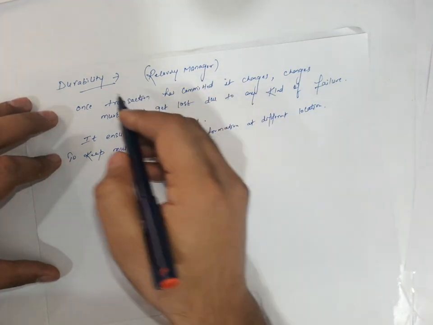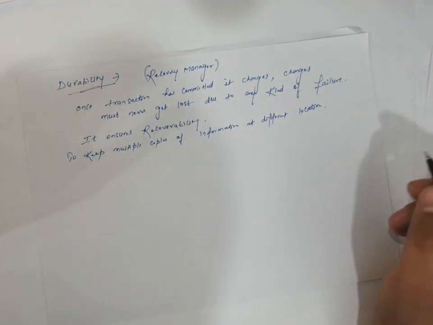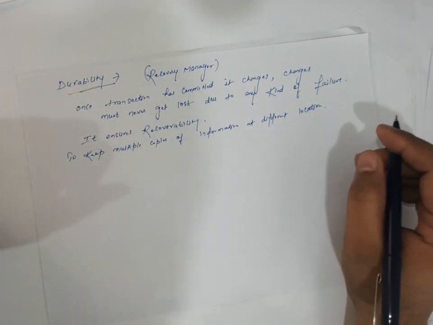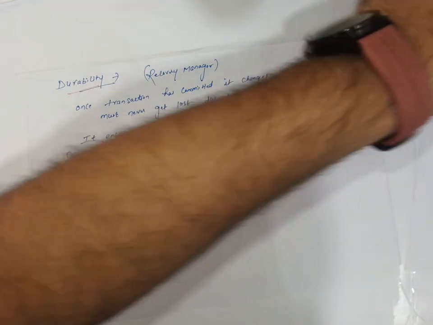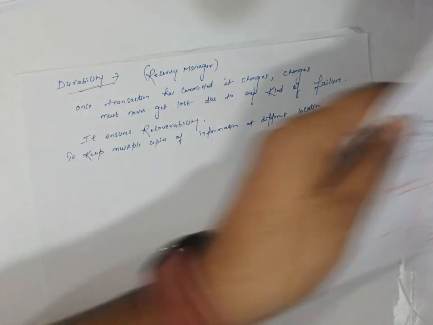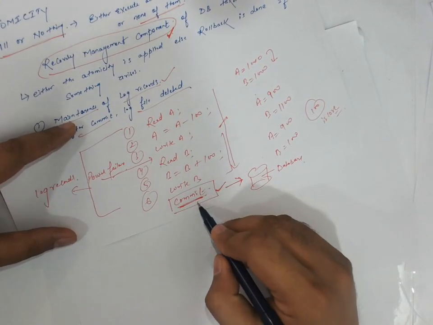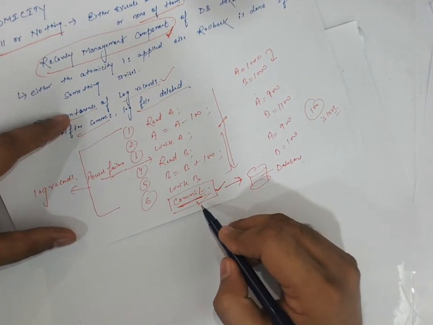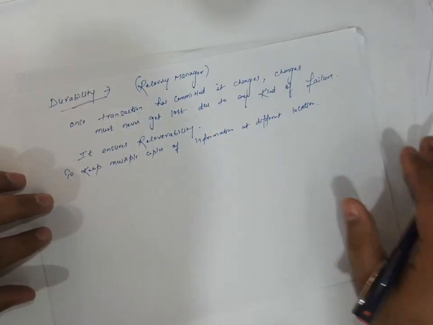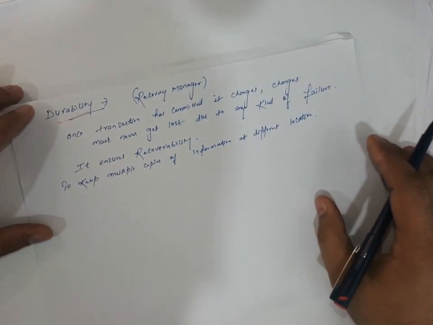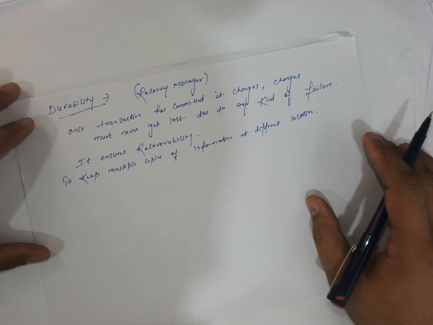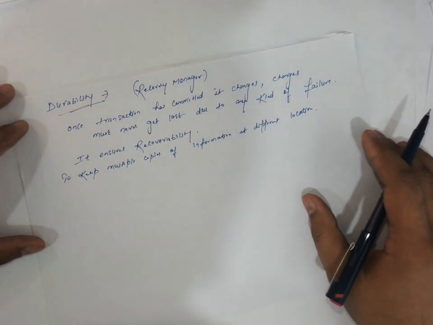Durability means once a transaction has committed, as we have seen with the commit operation, the changes should be reflected in the database, even in case of any failures.